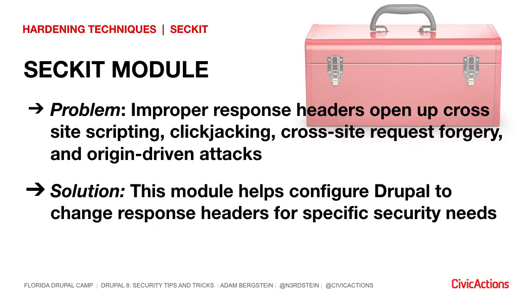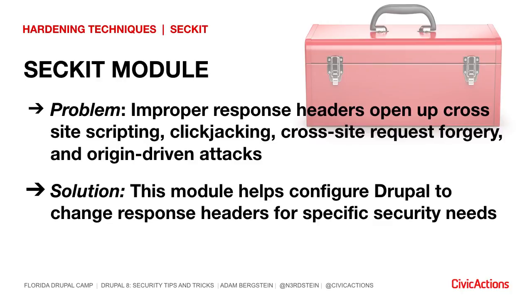SecKit, which is a security kit. I look at this module as almost like a Swiss Army knife. It does a lot of different things across a broad spectrum. I think one of the primary things this module does is around headers and proper header responses, to try to prevent things like cross-site scripting, request forgery, clickjacking, and origin-driven attacks, but Drupal does have some origin functionality in core now, so that's been minimized.